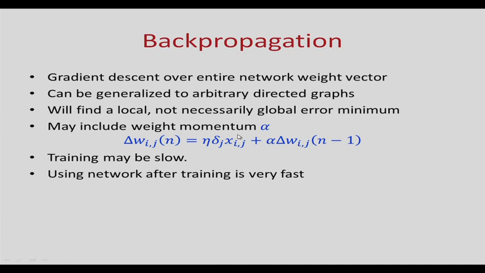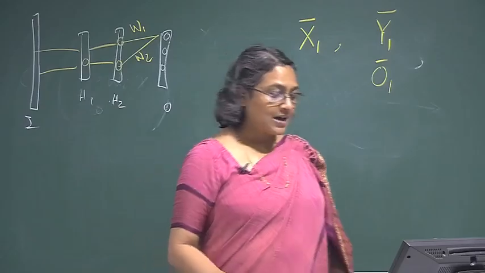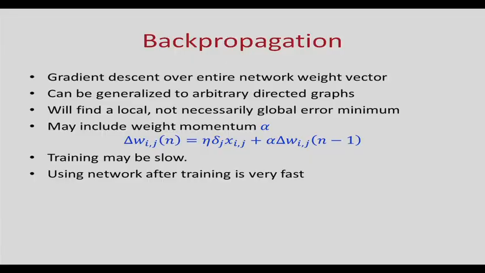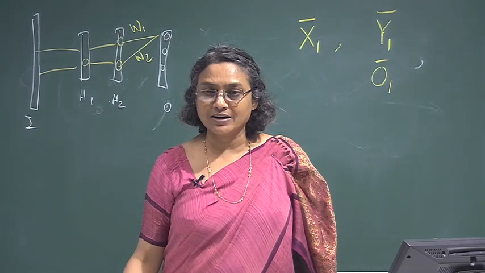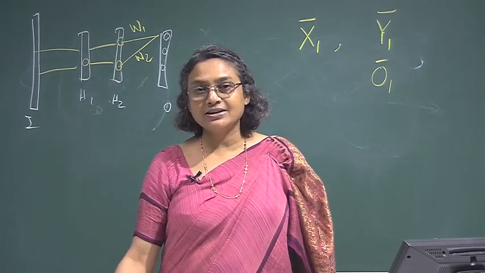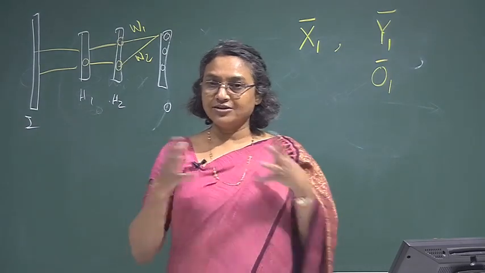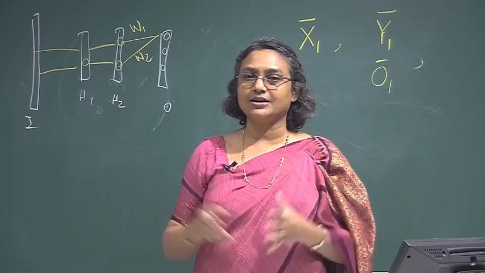If you apply momentum, training may be slow, but you are less likely to hit a bad local minima. But one thing to note is that in a neural network with multiple layers, even if training is slow, after you have learned the weights, applying the neural network is very fast.